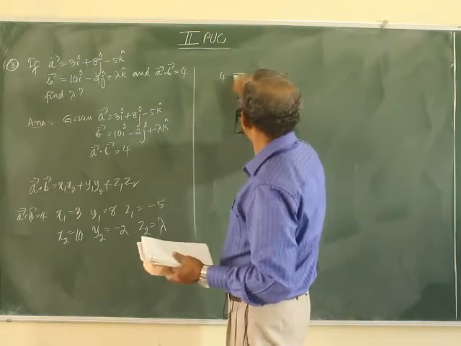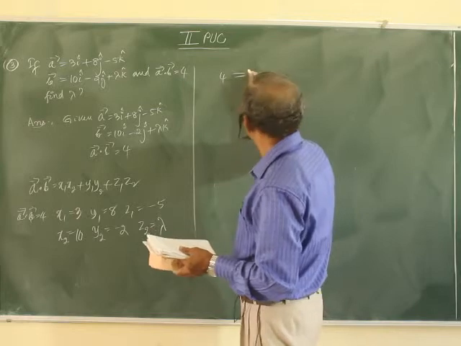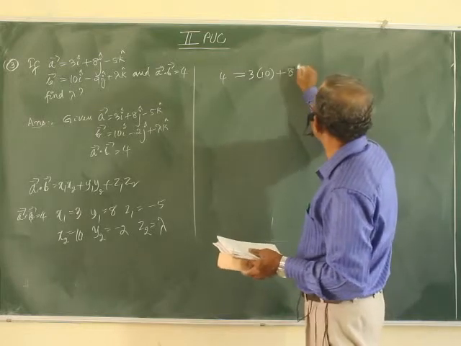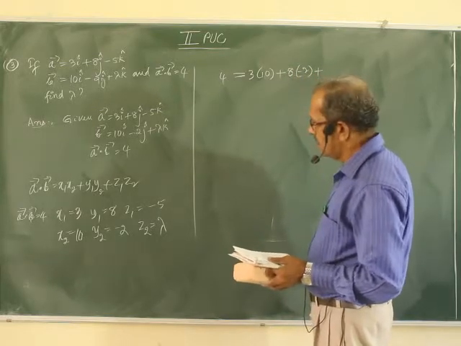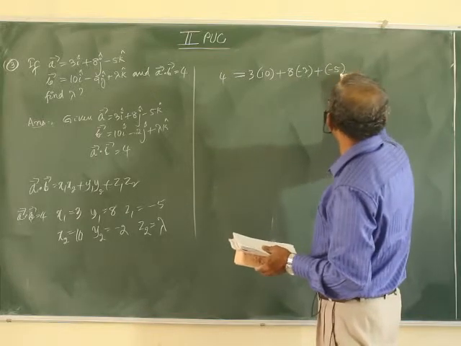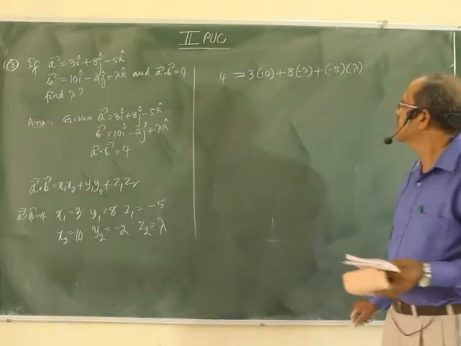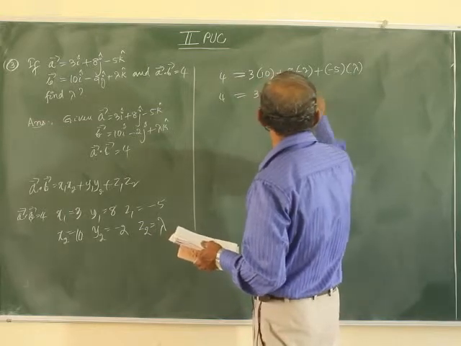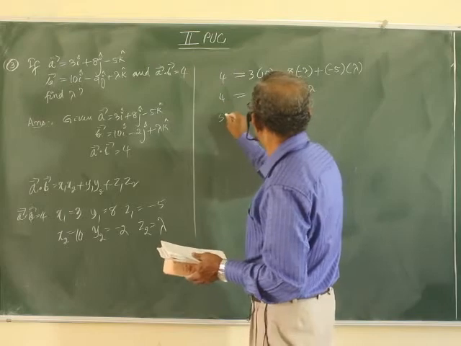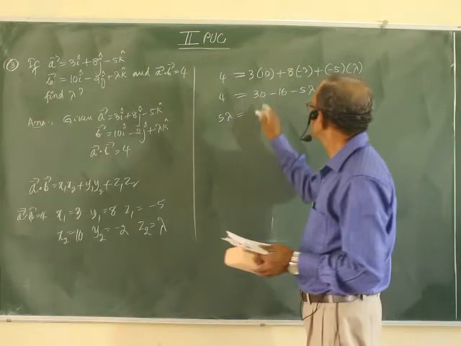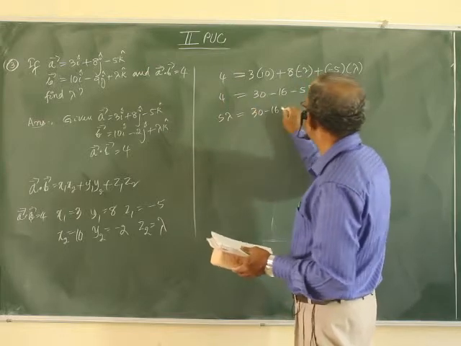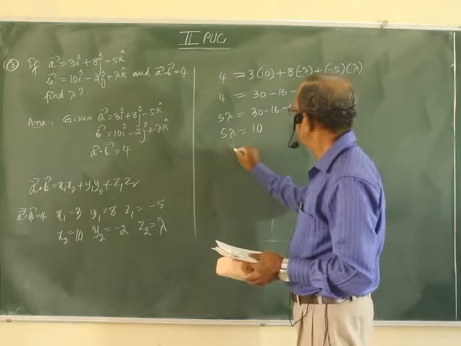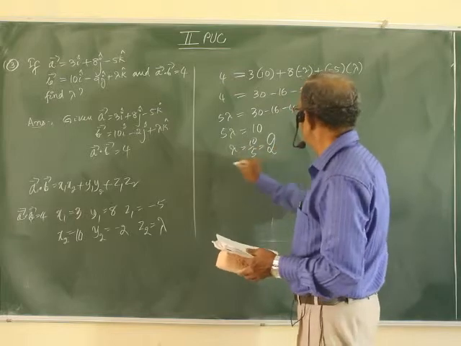A dot B, 4 equal to x1 x2, 3 into 10, plus y1 y2, 8 into minus 2, plus z1 z2, minus 5 lambda, or 30 minus 16 minus 5 lambda, or 5 lambda equal to, minus becomes plus, 30 minus 16 minus 4. 5 lambda equal to 30 minus 20, 10. Lambda equal to 10 by 5. Answer: 2.